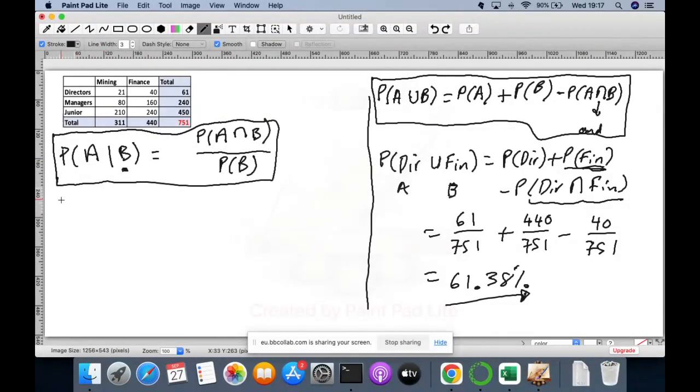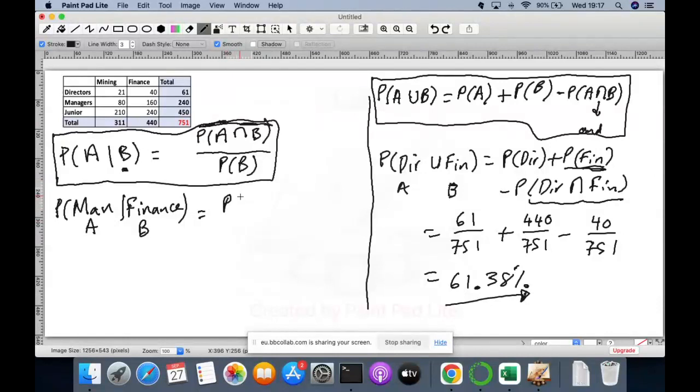So now instead of A and B, let's say you're asked in the test, what is the probability of being a manager, MAN for manager, given that you are in the finance sector? So now manager will be A, and finance will be B. Now we're going to use the formula in the block.